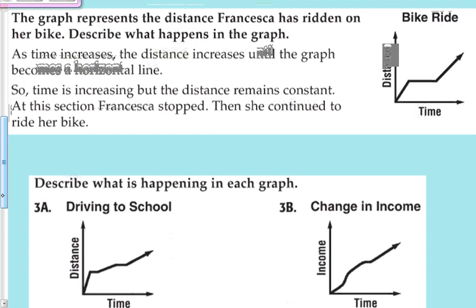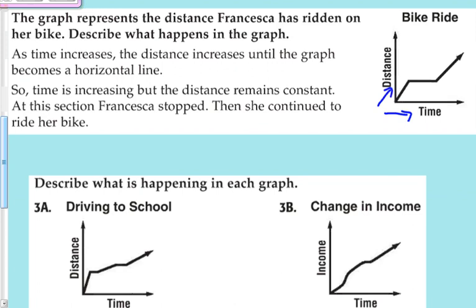Next thing we're going to look at is how to read a graph and describe what's happening in the graph. This graph represents the distance Francesca has ridden on her bike. Describe what happens in the graph. Well, as the time is increasing, as the time is going this way, the distance is increasing for a little while.